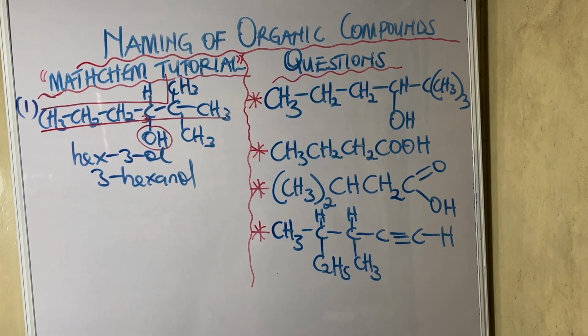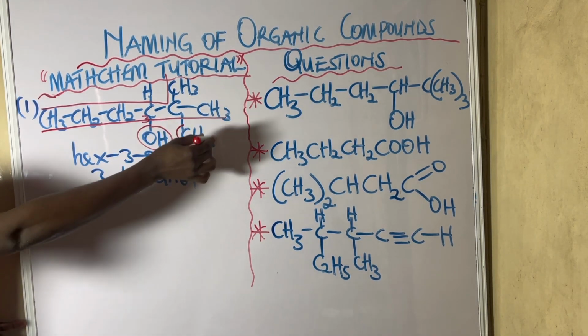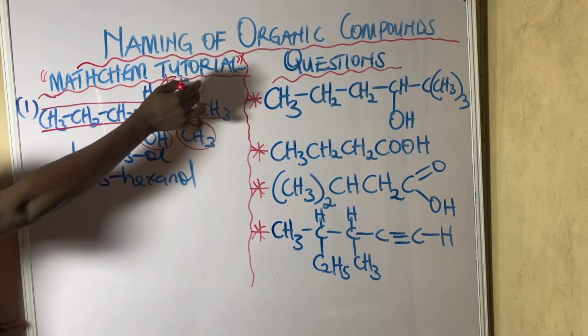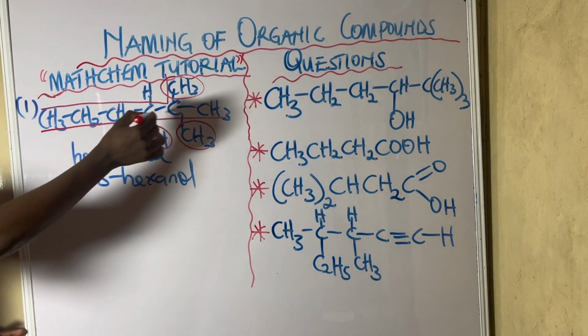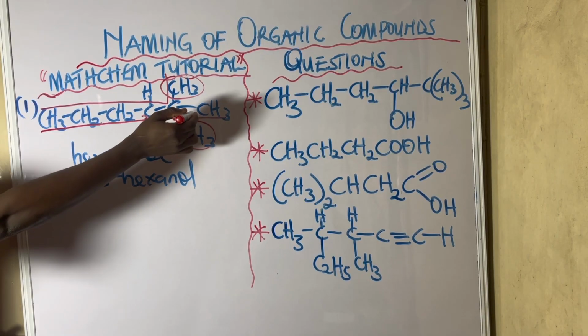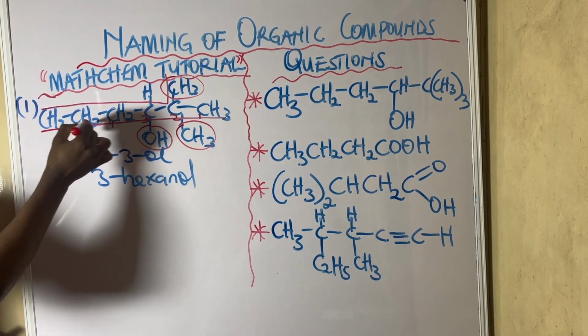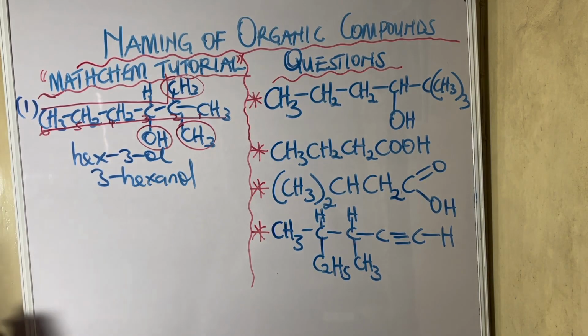Okay, so what are the substituents in this compound? I have one substituent here, that is CH3, another substituent here, that is CH3. So I have 2 methyl groups in this particular compound. The substituents are located at carbon number 2, because I started my counting from here. This is my carbon 1, this is my carbon 4, my carbon 5, and carbon 6.